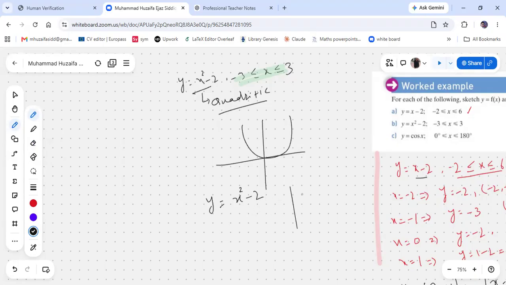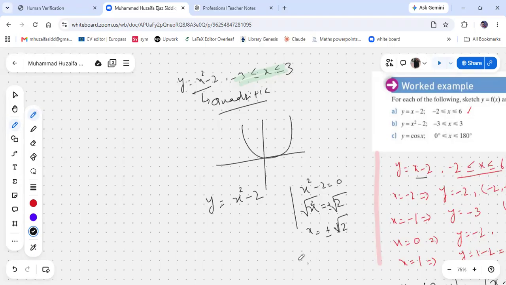As we know, x square minus 2 is equal to 0, so x square is equal to 2, and we take the square root, so x is equal to plus minus root 2. As we already know, this is a quadratic function, and a quadratic function has two roots.